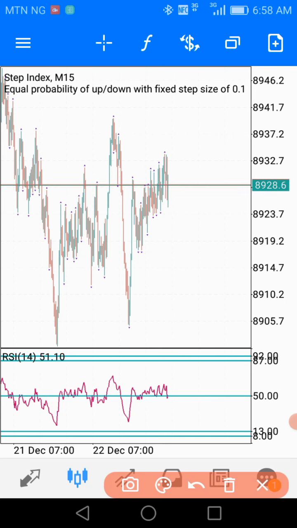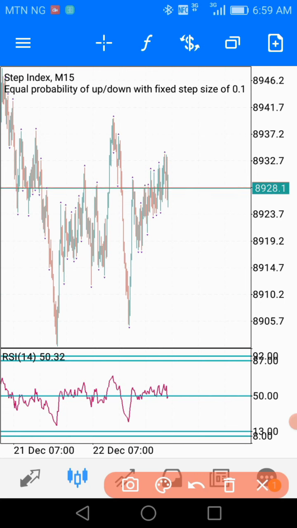Now, regular or hidden divergence, they don't always play out, which is why I told you that normally the indicators and the price movement move along, so that when price moves up, the indicator moves up. When price moves down, the indicator moves down. But whenever there is this disagreement between price and the oscillators, that's what we call divergence.